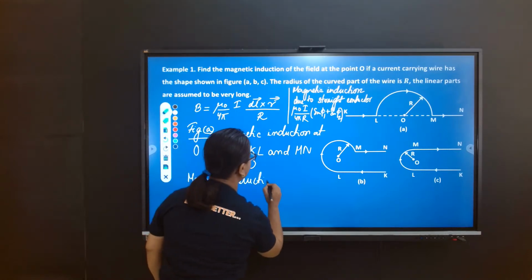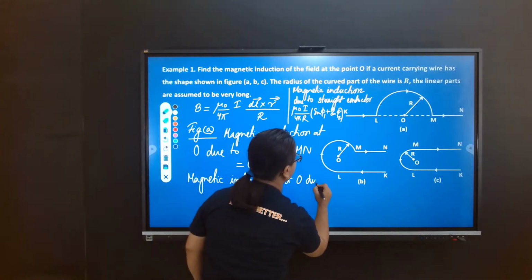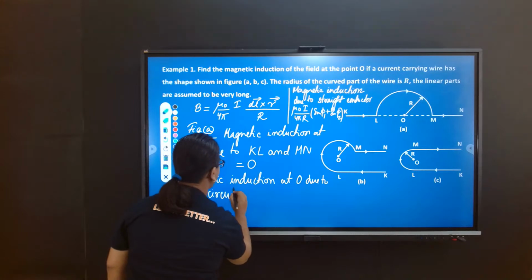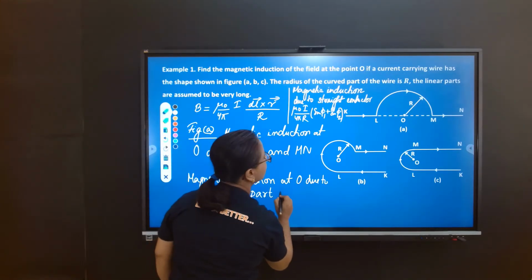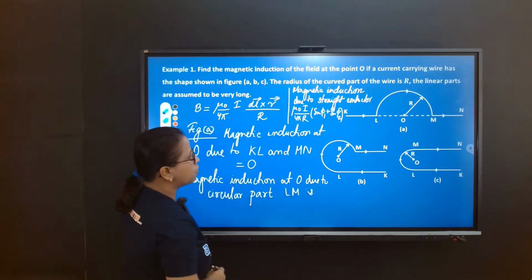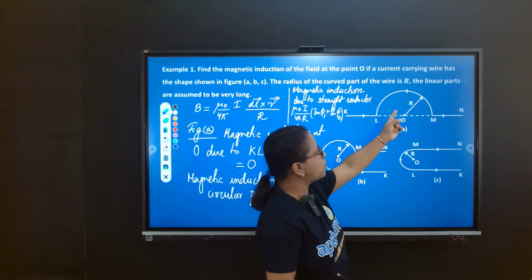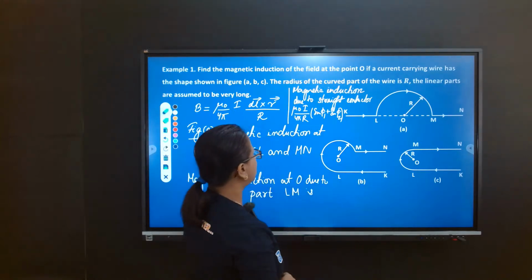Magnetic induction at O due to the circular, it's actually semicircular, part LM. Now look at the figure. We have to find out the magnetic induction at O due to this semicircular part.